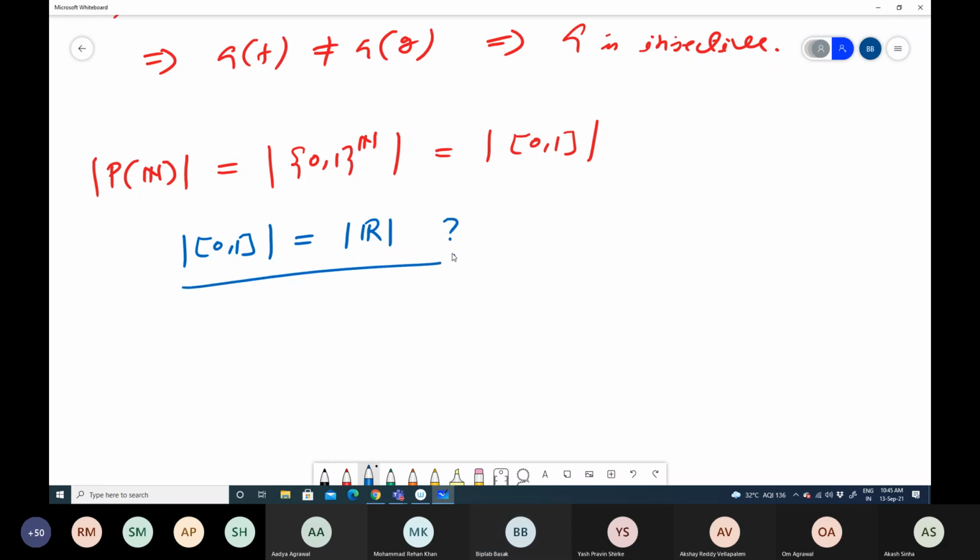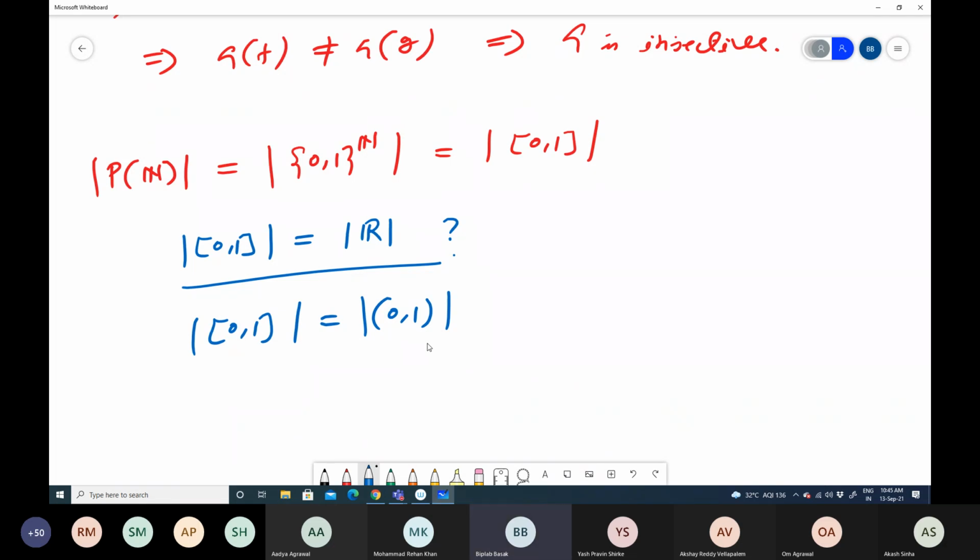Sir, I think before that we prove that the cardinality of closed 0, 1 is equal to the cardinality of open 0, 1, and then cot pi x will take 0, 1 to all real numbers. Right, we have already proved that this equals open 0, 1. We defined a bijective function, right? I think we did it for 1 included and 0 excluded, but the same logic can be applied.